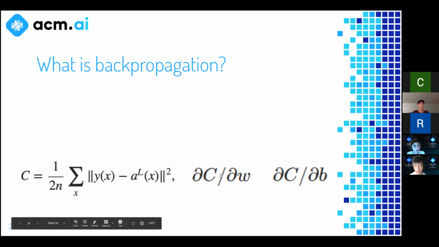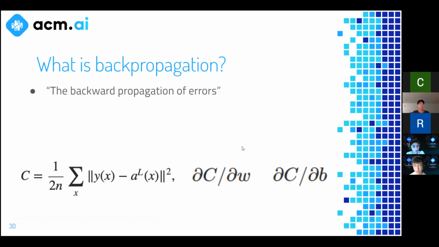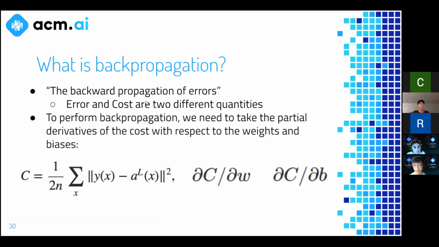Now we're going to talk in a lot of detail about how we calculate all of these. Yeah, this is what I just said. And a quick note: I'm going to be referring to another value, which is very important in backpropagation, that I'm calling the error. Okay, error and cost are two different things.